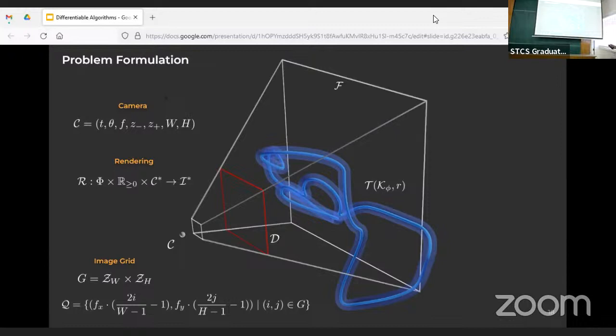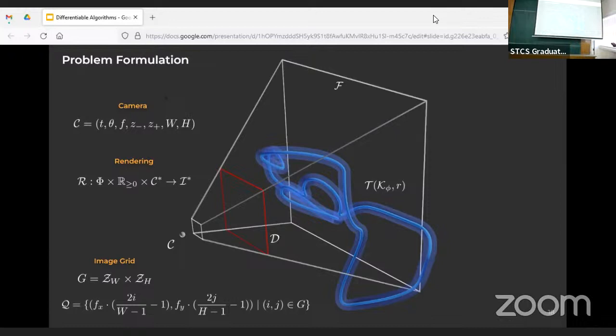So for rendering, we define a rendering function R. It takes a parameter phi, which defines a knot. It takes a positive real number, which is the radius of the knot. And C star is the space of all cameras. So it takes a camera configuration and a knot with the radius, and it gives an image I. So given a tube and the camera, it should create an image of how this tube would appear to me if I look from this location of the camera.